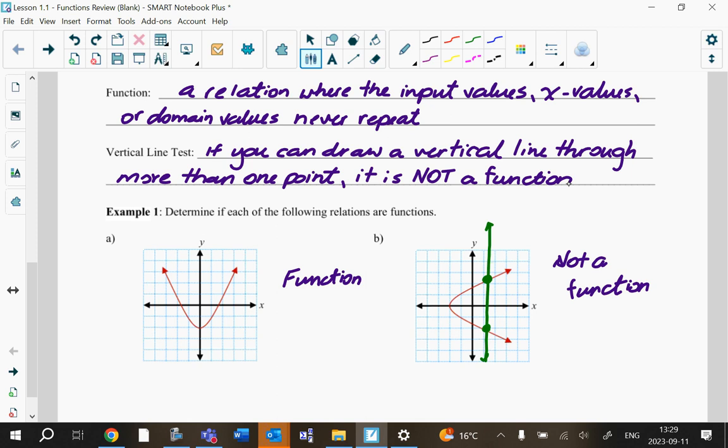And then we use special notation if it was a function. Instead of y, do you remember what we used? If it was a function, instead of the letter y in an equation, we used f of x. We use that fancy notation.